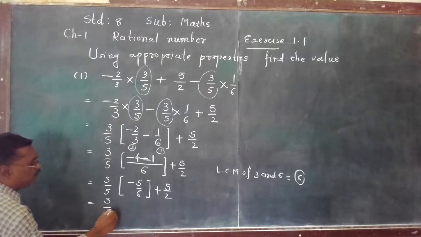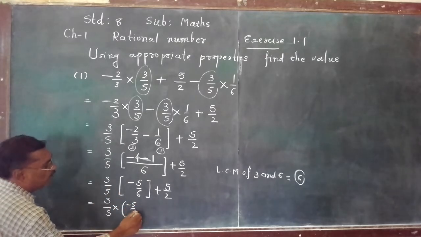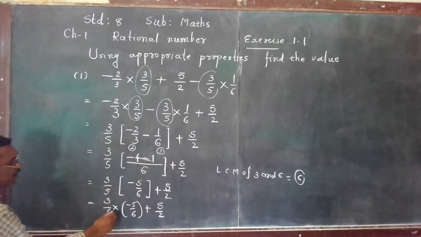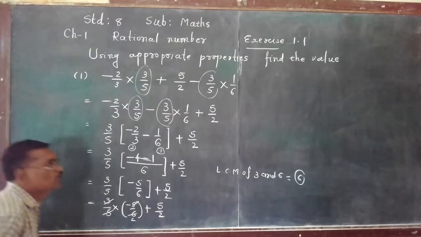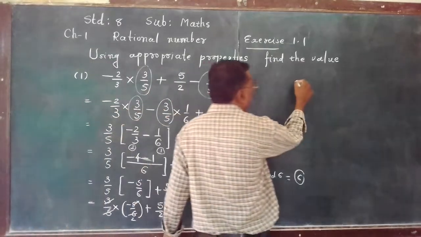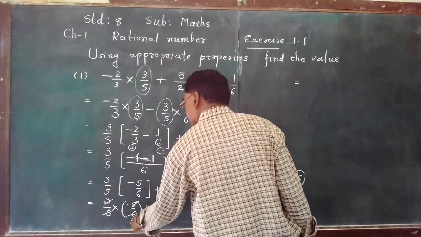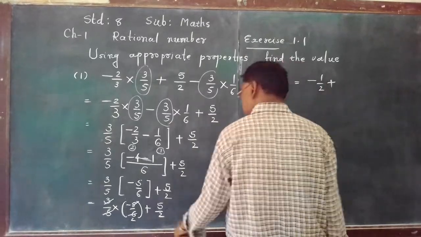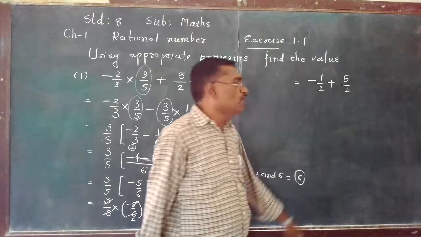So 3 upon 5 multiply minus 5 upon 6 plus 5 upon 2. We can cut this 5 and 5, 3 and 2. So we can write now here numerator only 1 and here is the 2. So minus 1 upon 2 plus 5 upon 2. Now again LCM.